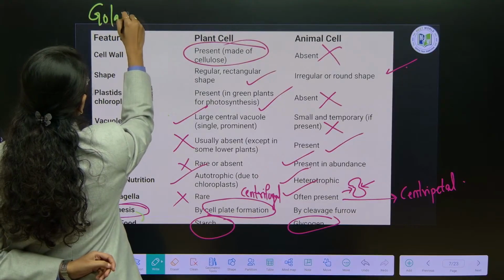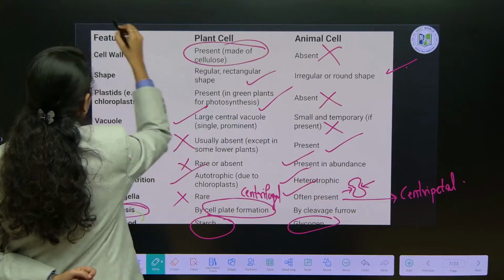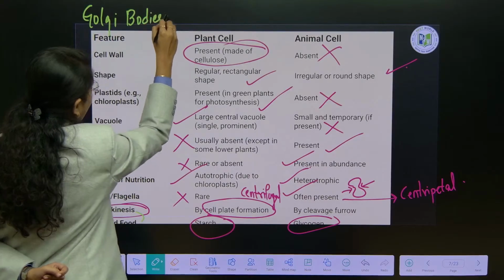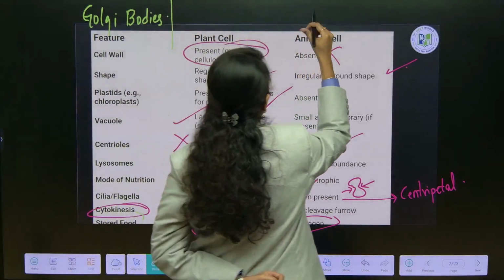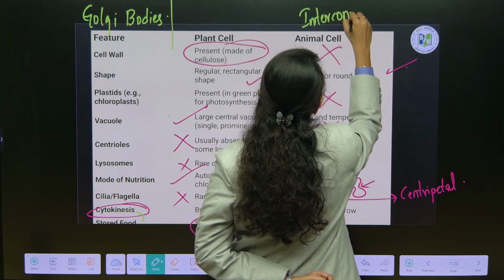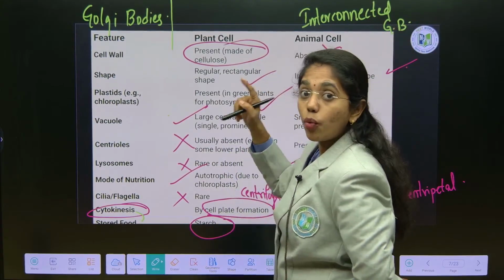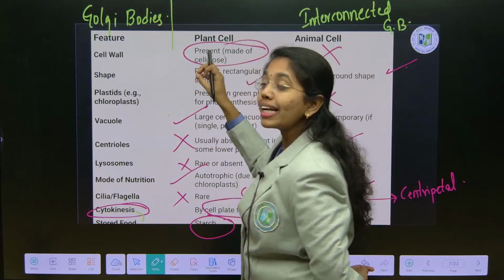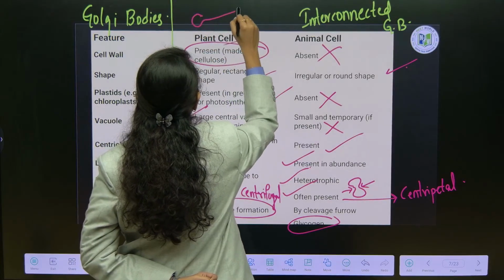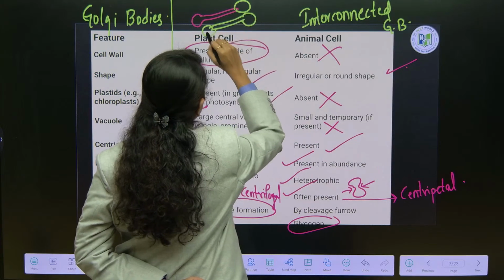You can see large interconnected Golgi bodies in an animal cell, whereas unicisternal or unconnected Golgi bodies you can see in the plant cell, like this, which are not connected.